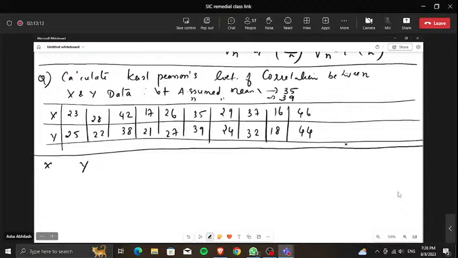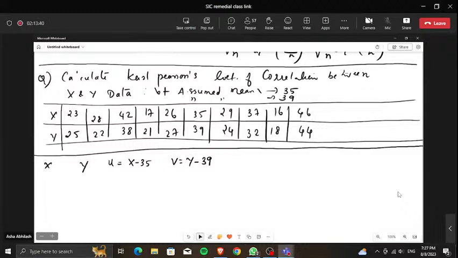I'm using the assumed mean, so the difference I am taking as u, that is X minus 35, and v will be Y minus 39. Instead of d, I am taking u and v, so that dA and dB suffix you can avoid.